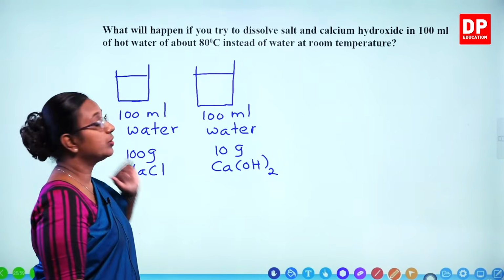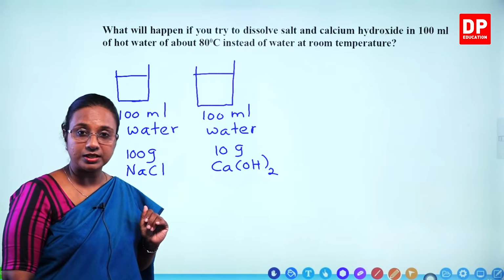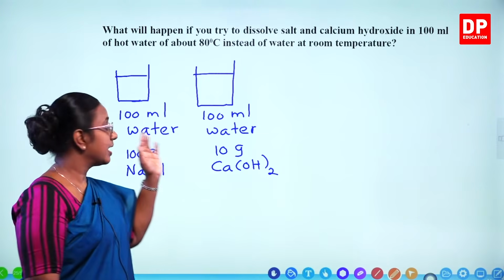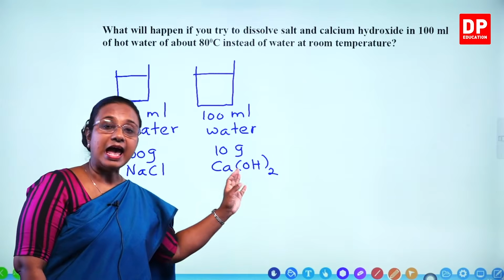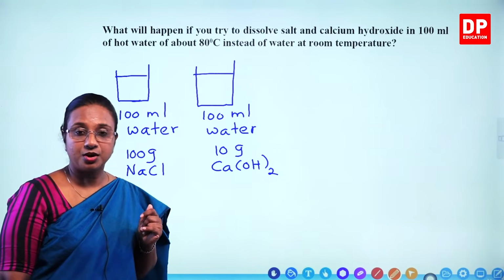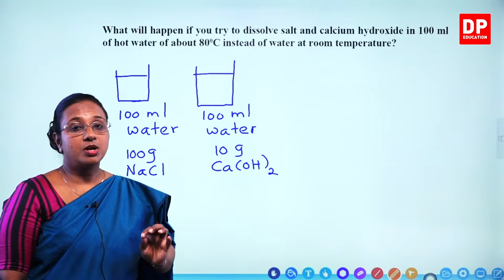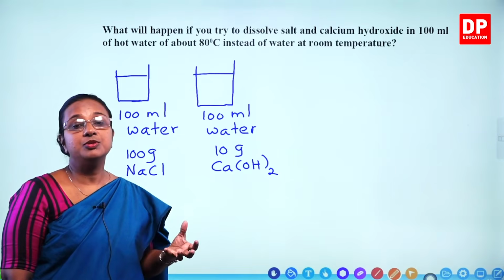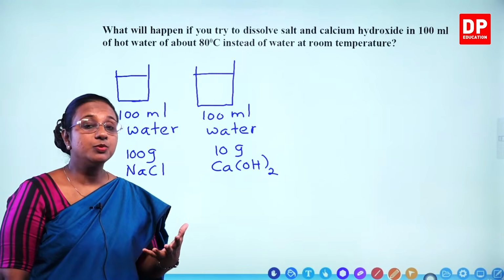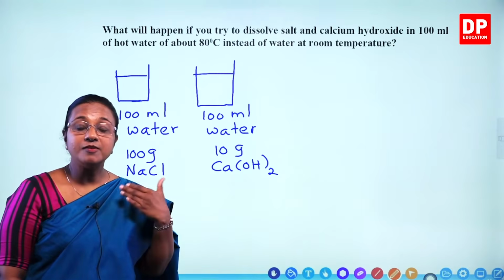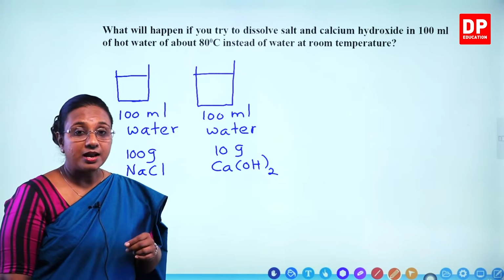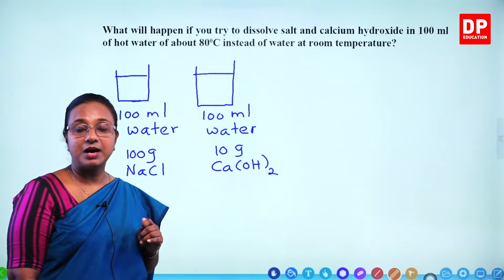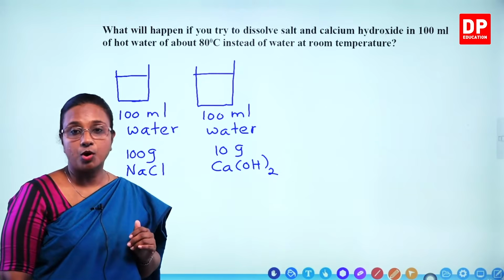That more sodium chloride dissolves in water. As I told you all before, I weighed the initial substance, 100 grams of sodium chloride and 10 grams of calcium hydroxide. But when I dissolved, you saw that more amount, about 3 teaspoons, or the spoon I used, 3 spoons of sodium chloride dissolved completely in water, whereas only few, about 3 teaspoons of calcium hydroxide dissolved in water.